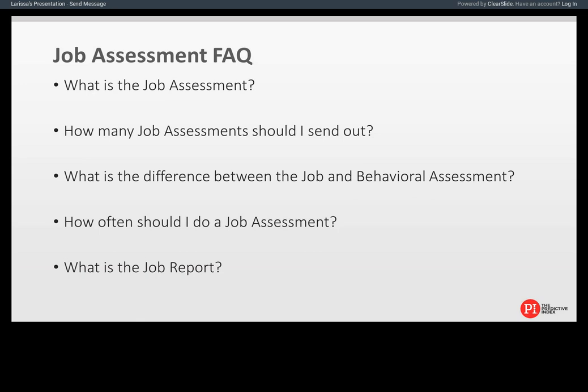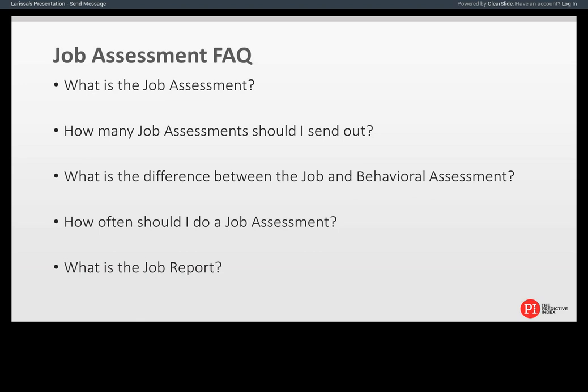There's other different benchmarking ways that we can help you with as well to make sure that you're still in alignment, that that job assessment is still matching what the needs of the job are. So first time, anytime there's a new position that you're hiring for, I actually recommend doing one for every position in your company, because then you can start benchmarking your employees to help coach and manage them better.